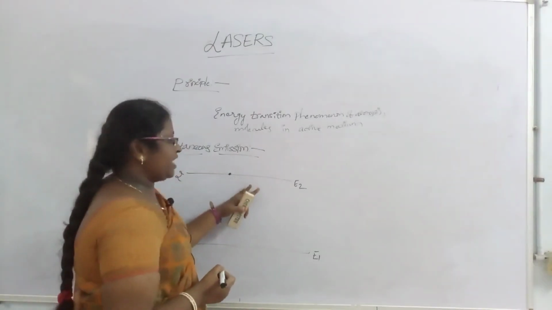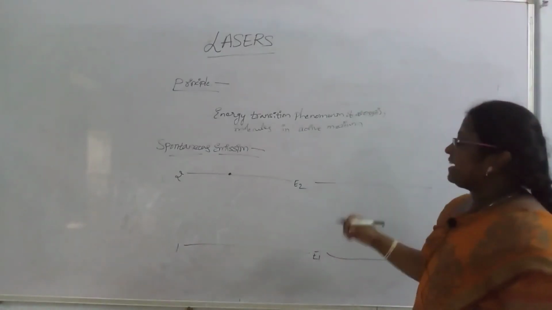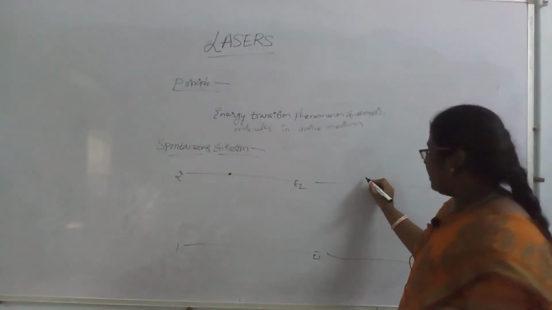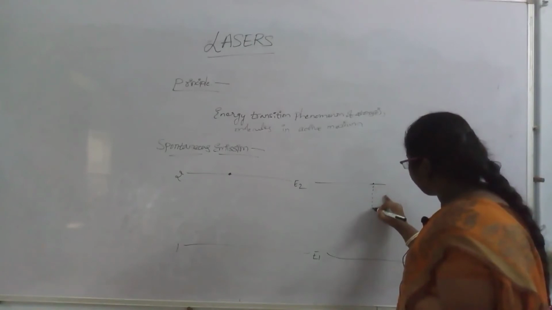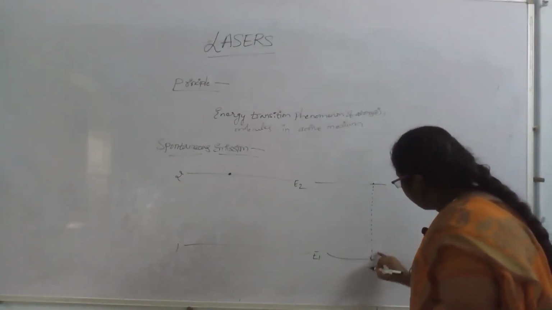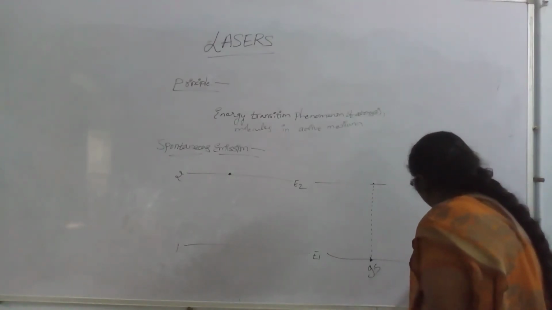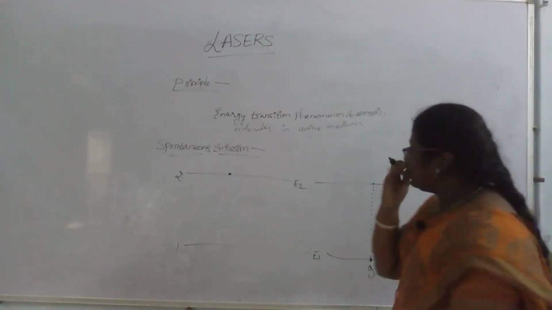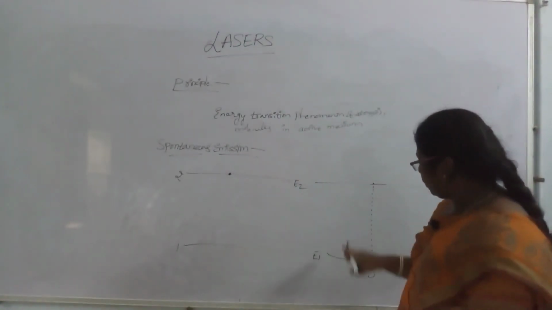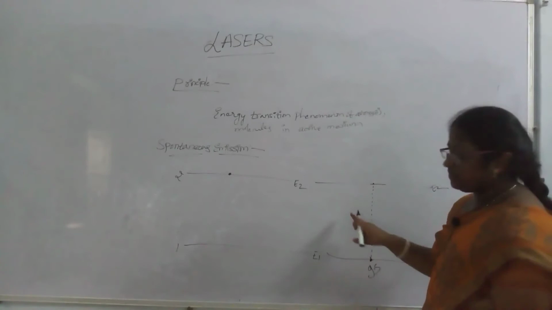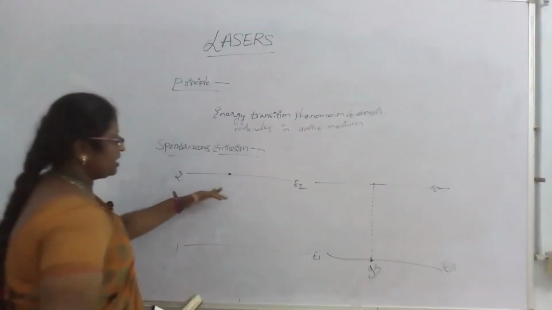Within the lifetime of 10 to the minus 8 seconds, the excited state atom will jump to the lowest state, that is called the ground state. This is called spontaneous emission.